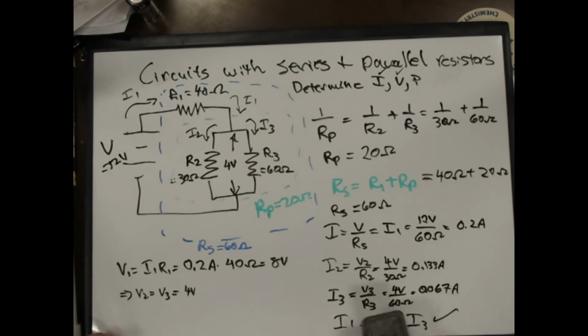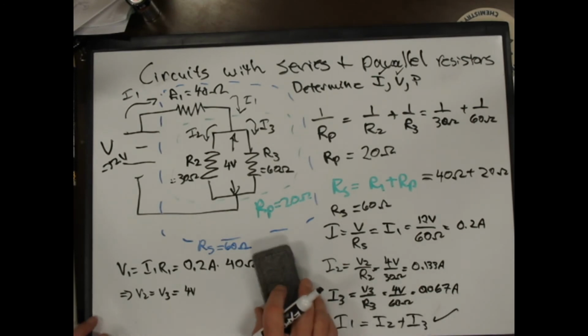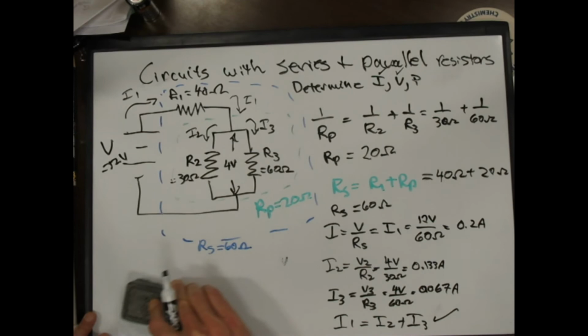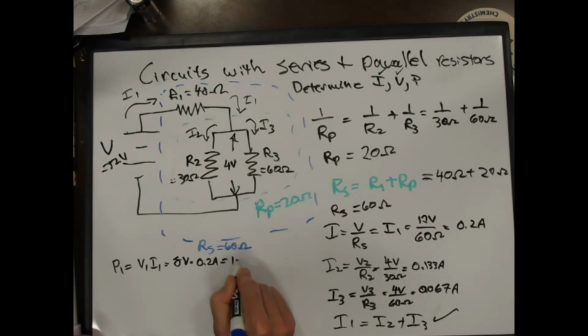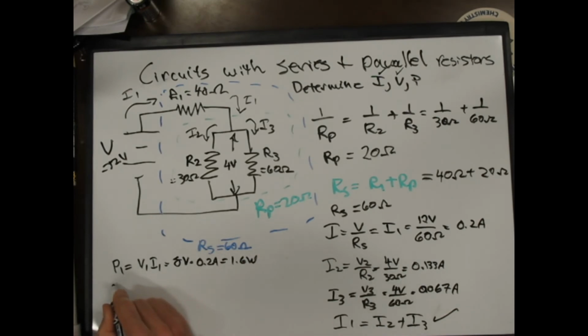Okay, and now I can calculate. So now that I have all the currents, I have all the voltages, I can calculate the powers, and so I can say P1 is equal to V1 I1, which is equal to 8 volts times 0.2 amps, which is equal to 1.6 watts.